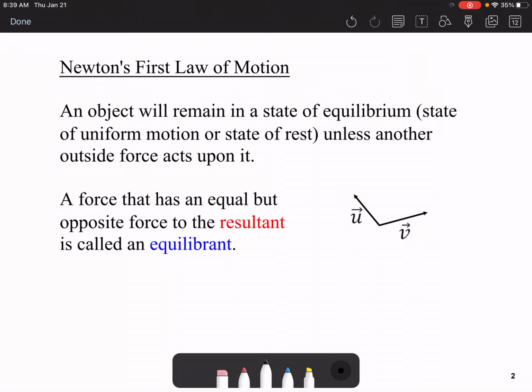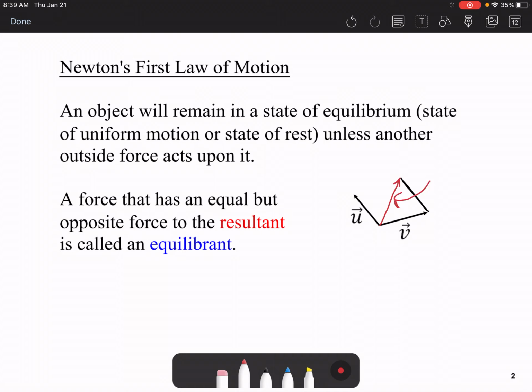So I'm going to find the resultant of this u plus v right here. I'm going to measure using my ruler again, trying to be as accurate as possible. So my resultant would be this vector here.